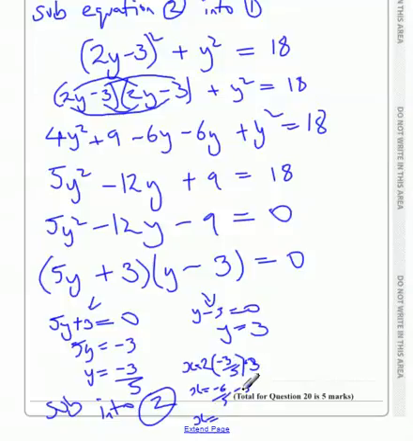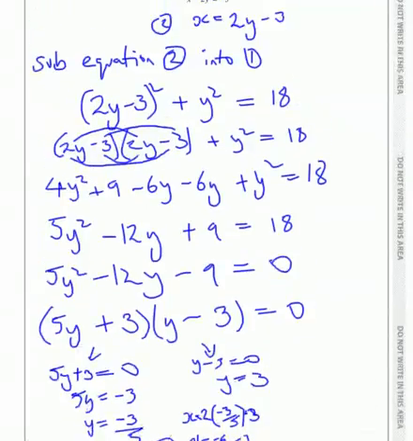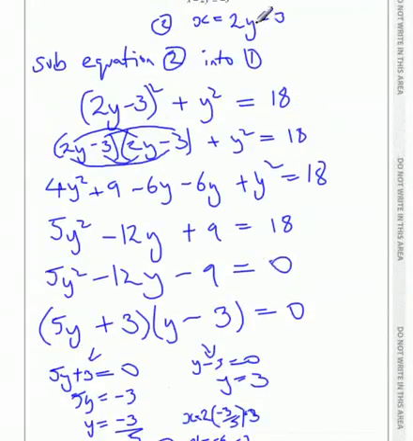Whatever that is. So this is minus 15 over 5. Minus 6 minus 15 is minus 21 over 5. Subbing in the 3 is a little bit easier. So 2 times 3 is 6, minus 3 is 3.